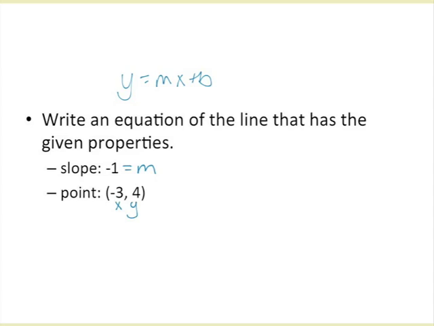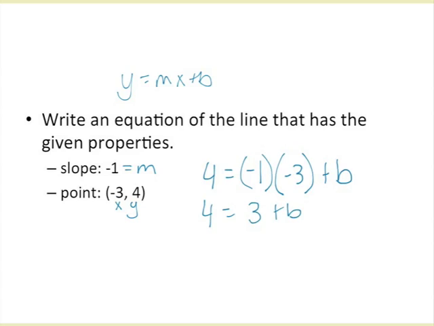Okay. So now I have three things I can plug into the equation. I can plug in a 4 for y, a -1 for m, a -3 for x, and I don't know what b is, but I can solve for it. So I get 4 equals 3 plus b. Subtract 3 and I get 1 is b, but that is not my answer because the question didn't say find b or find the intercept, it said write an equation.